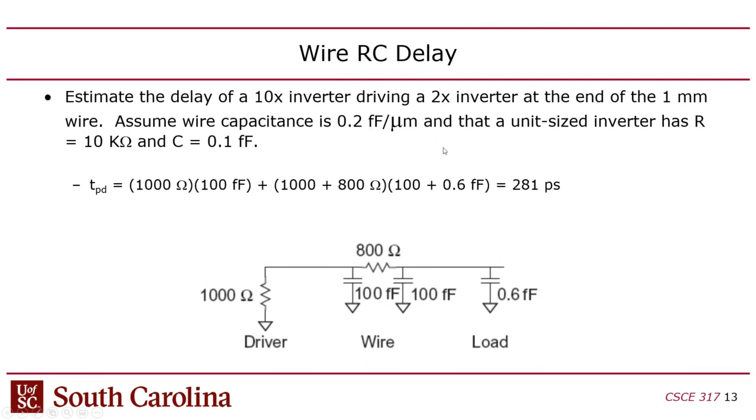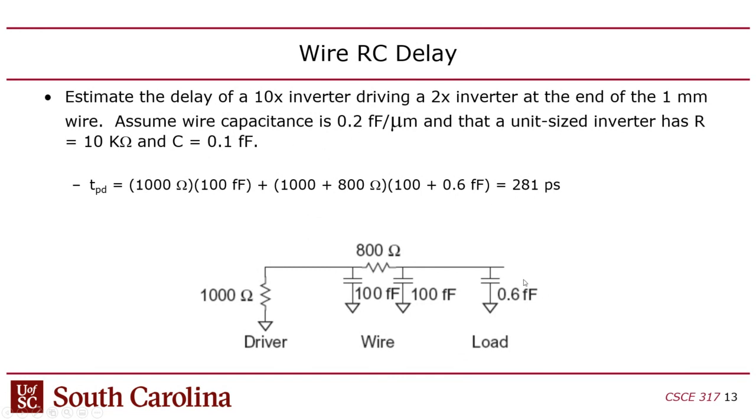Let's see. It says that the unit size inverter has a resistance of 10 kilo ohms. So a 10x inverter would have 1/10 of that, so 1 kilo ohm or 1,000 ohms. And the input capacitance of a unit size inverter is 0.1 femtofarad.